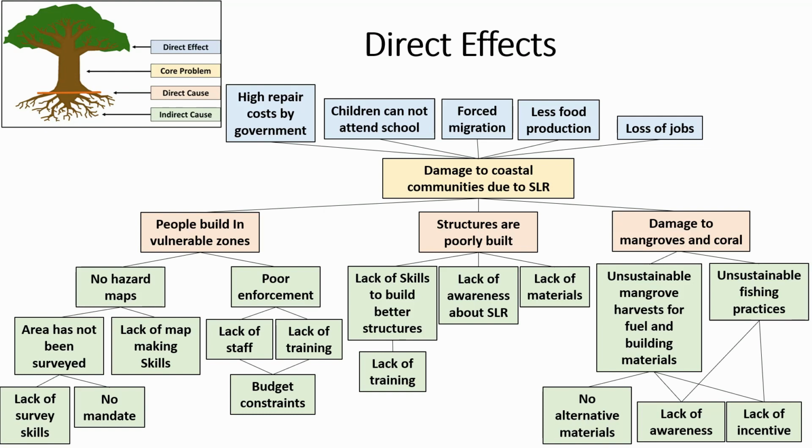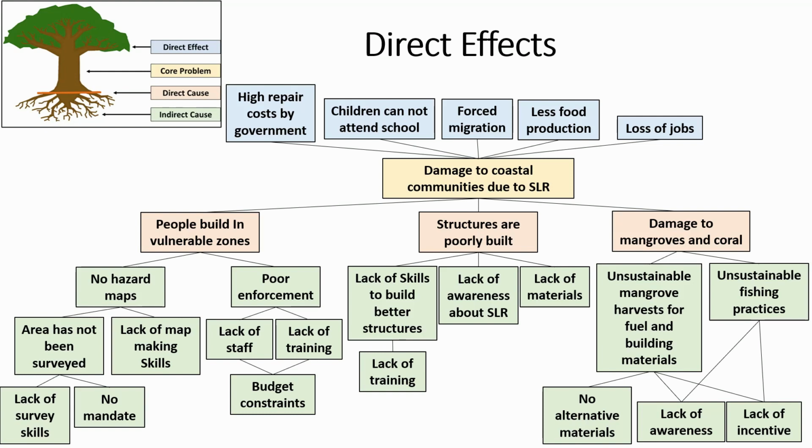As these things are damaged more and more frequently, that increases the repair costs to the government, and that takes money away from other development priorities. So this is an important aspect of climate change to highlight in your concept note: climate change really costs a lot of money. And the more that you can quantify that, the better off you're going to be.